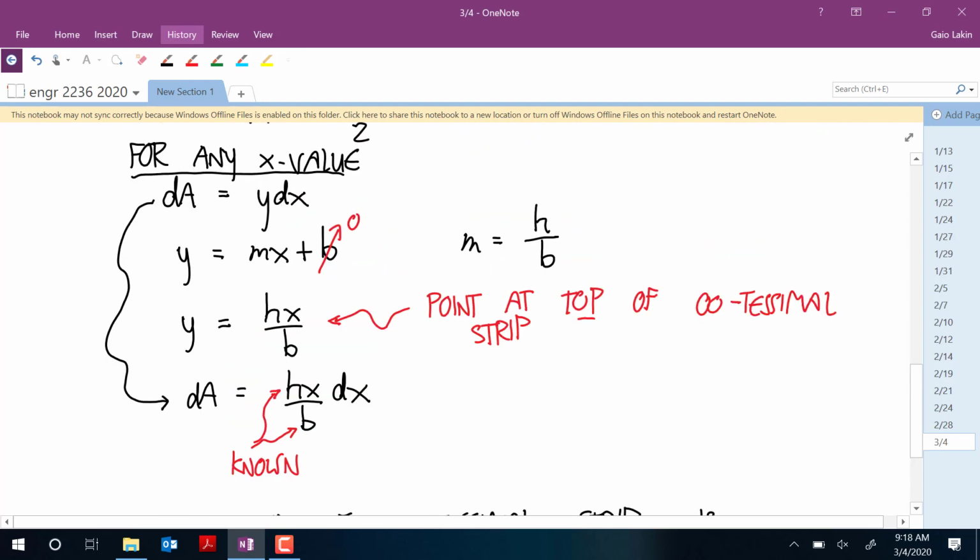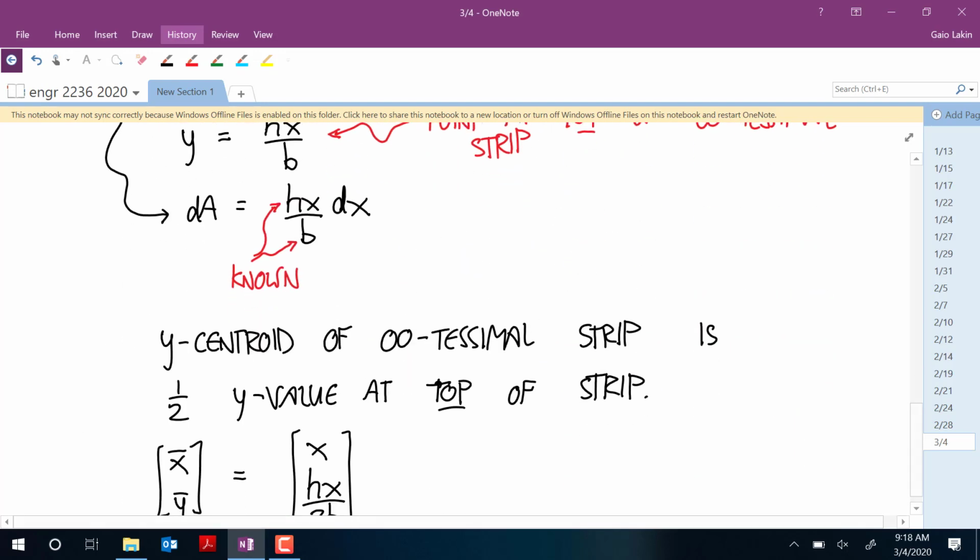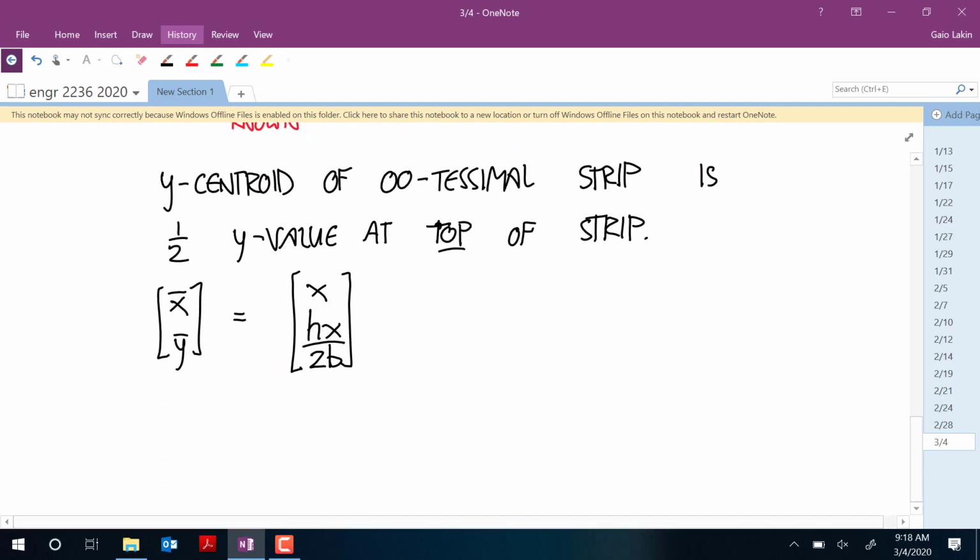Okay, so now let's put everything into that integral formula.